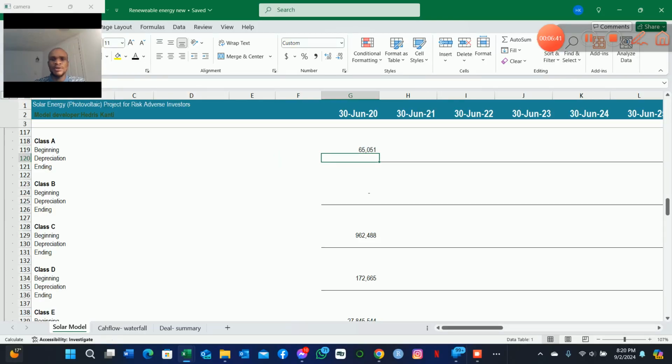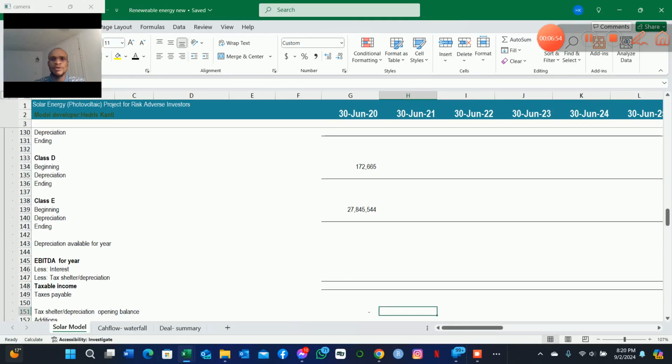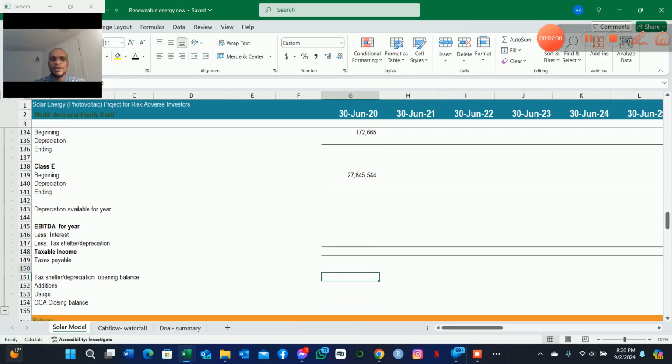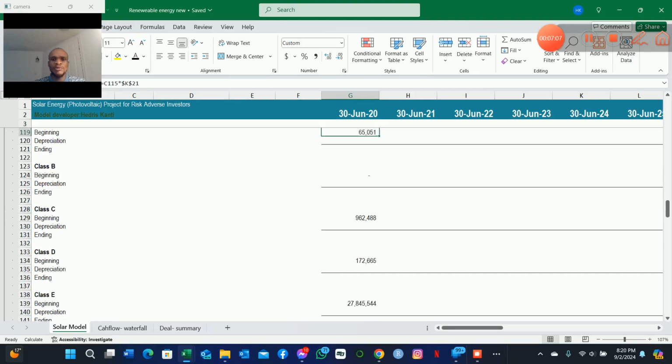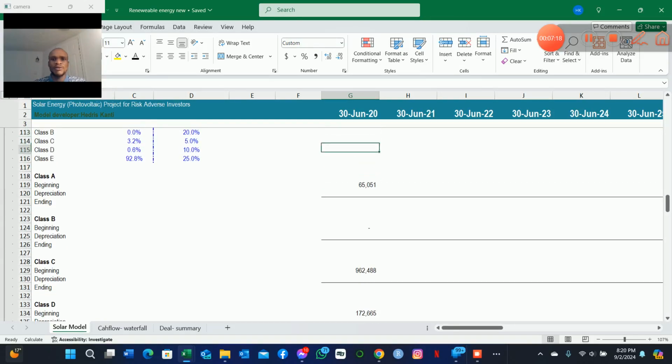So pretty much that's it for this, and in the next video we'll be simulating this depreciation number and how this is carried on into the future, and how much later on this total depreciation will affect our taxes going forward. So what this project will be paying as taxes in the future will depend on this total depreciation, which we will simulate here as a tax depreciation that is granted by governments in different jurisdictions.